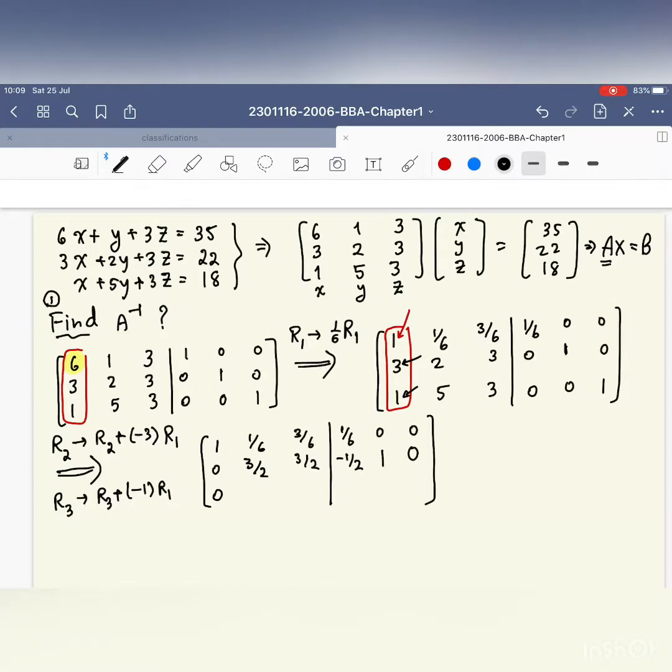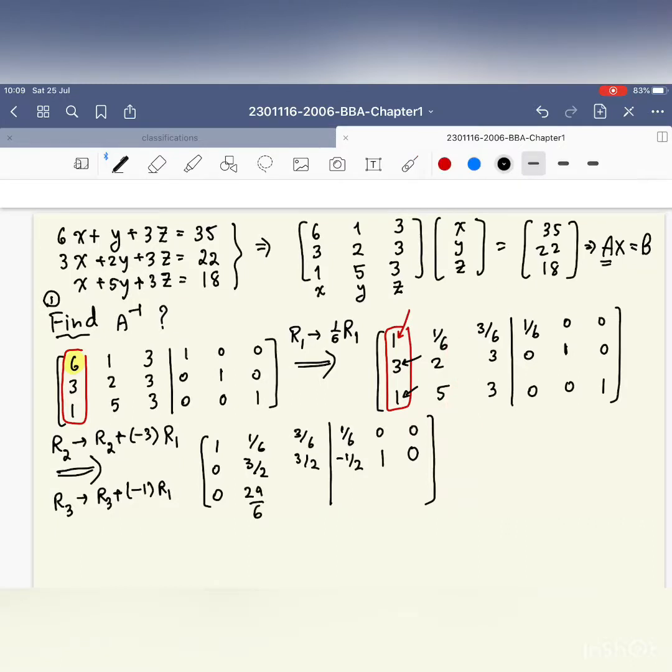Now the second one is R3 subtracted directly with your R1. So your R3 subtract R1. This one is actually 30 over 6, so subtract it, you got 29 over 6.